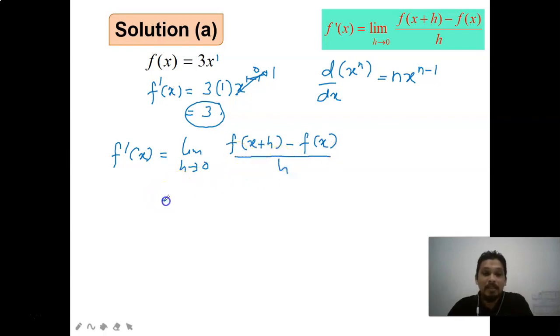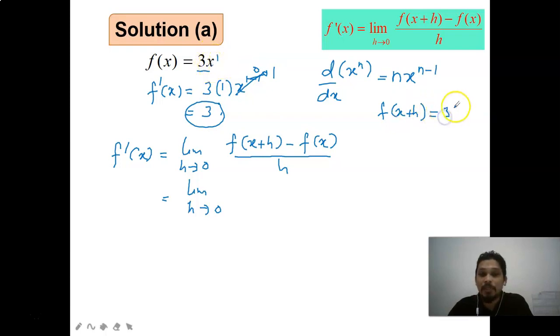Okay. So then, limit h approaching 0, f(x plus h), and this is f(x). So f(x plus h) means substitute x plus h into this x.